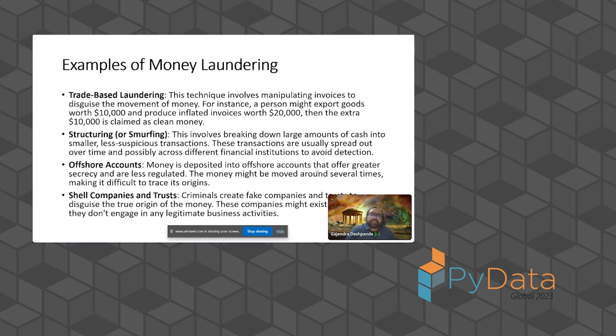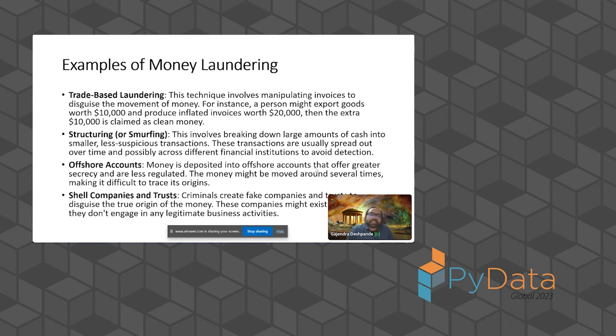So now let's see what are the examples of money laundering. The first example is trade-based laundering. This technique involves manipulating invoices to disguise the movement of money. For instance, a person might export goods worth $10,000 and produce an inflated invoice of $20,000, and then the extra $10,000 can be claimed as clean money.